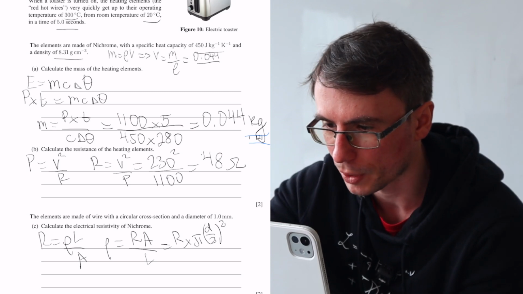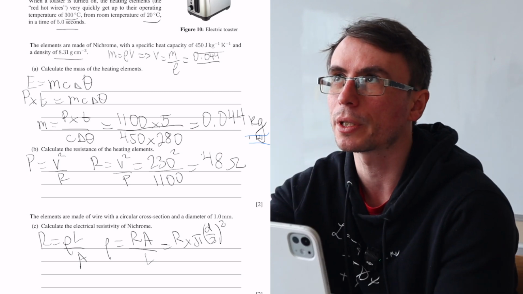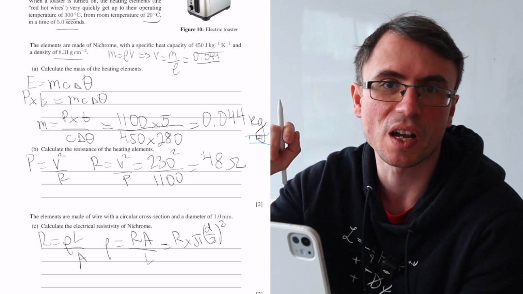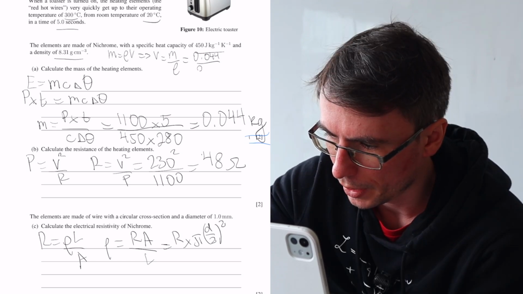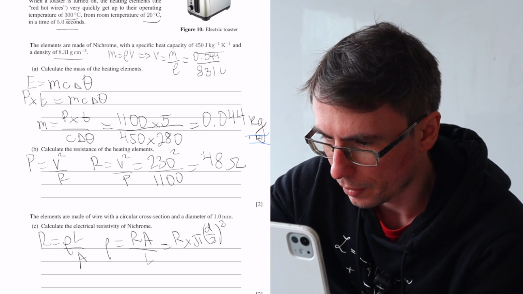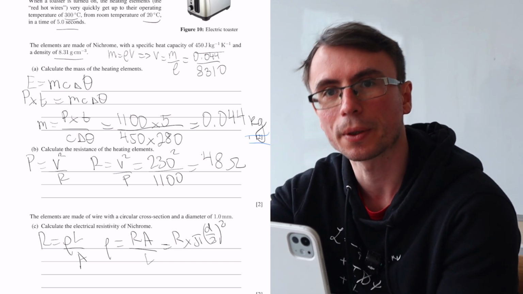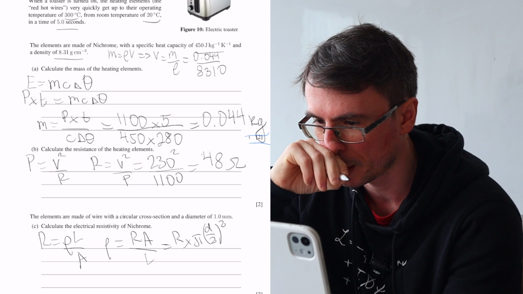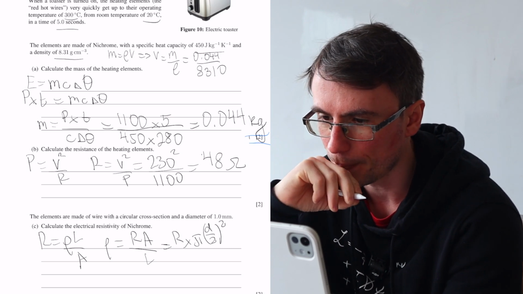So probably the easiest way is going to be to use this in kilograms, and then 8.31 grams per cubic centimeter. We can actually convert that to SI units: 8,310 kilograms per cubic meter.